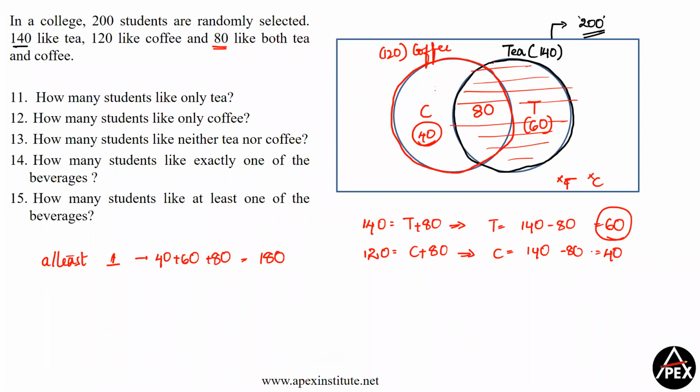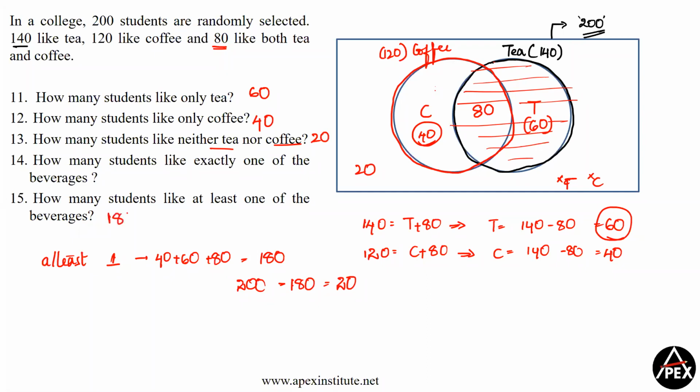How many students like only tea? 60. How many students like only coffee? 40. How many students like neither tea nor coffee? The total number of students is 200. 180 students like at least one among them. So the remaining 20 students do not like either tea or coffee. So the answer for this question is 20.